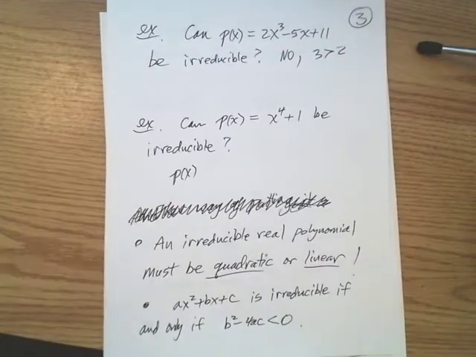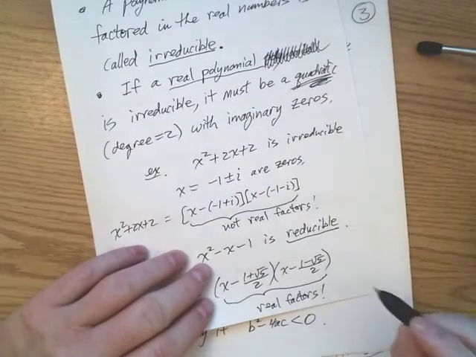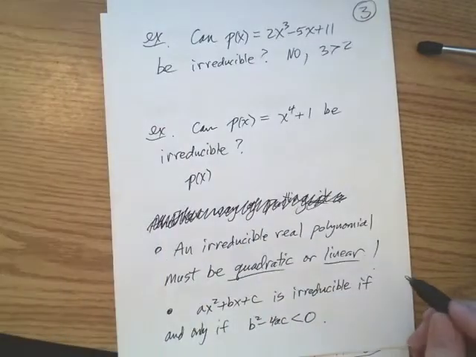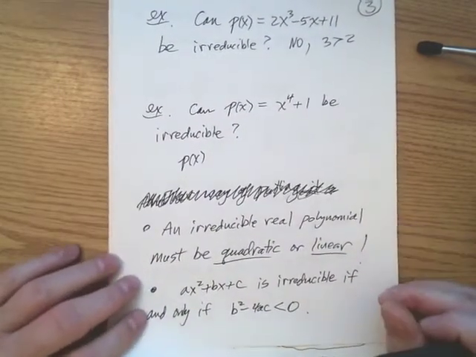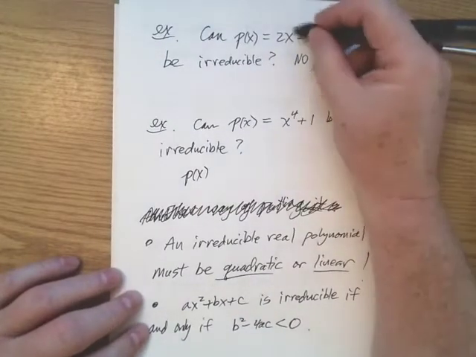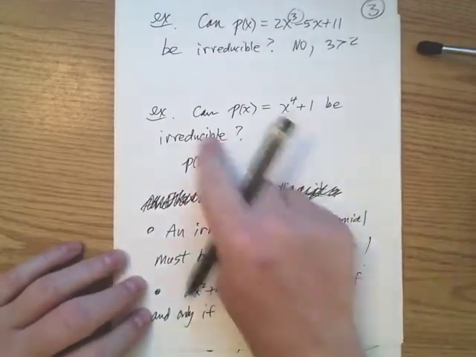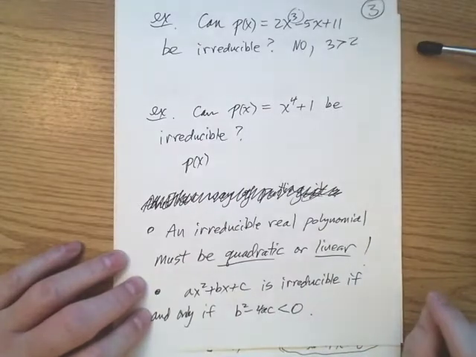Once again, the only irreducible real polynomials are quadratic polynomials with imaginary zeros. And I should mention here, I made that sort of wrong: linear polynomials are also irreducible, in a trivial way. But this is degree 3. No way. It's not going to work here. Can this be irreducible?